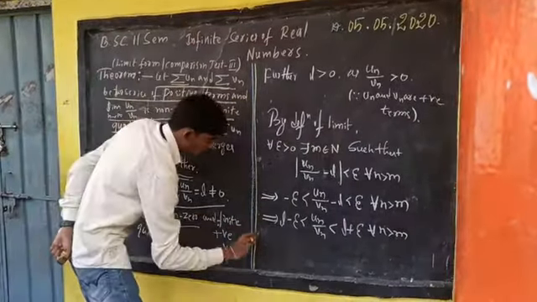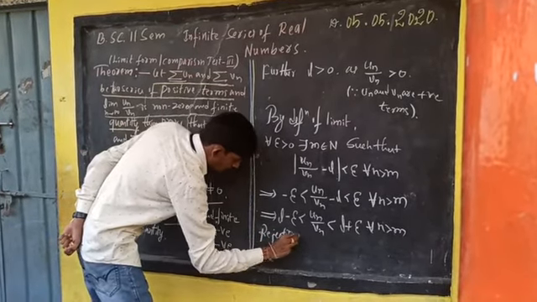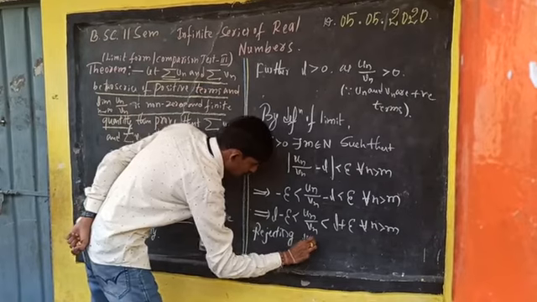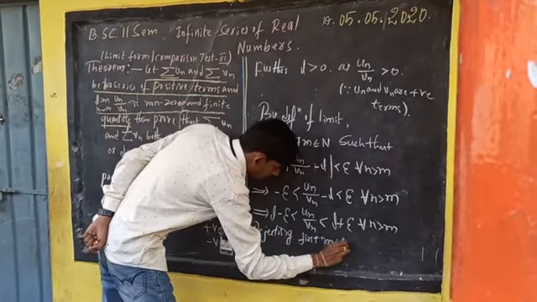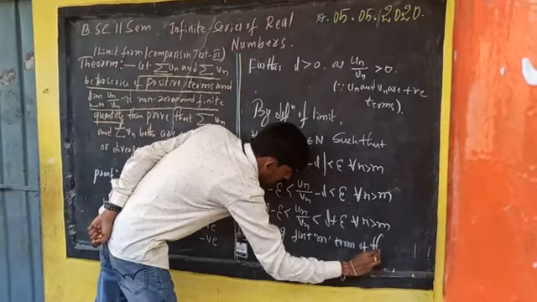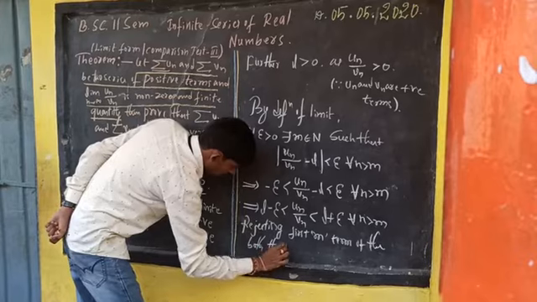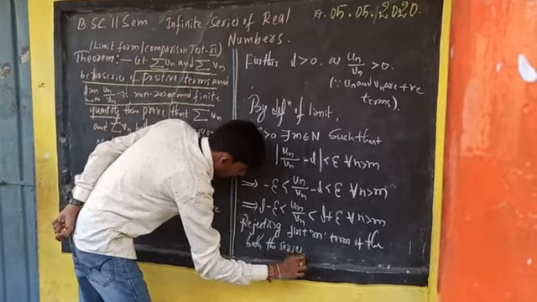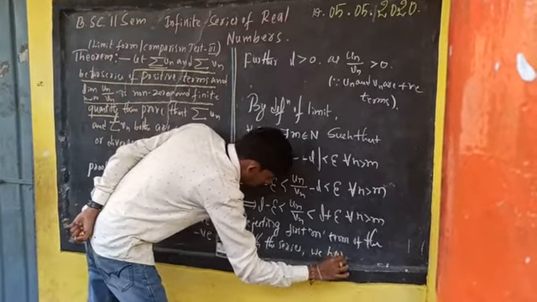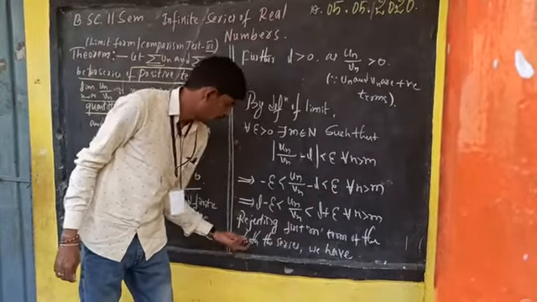The next step we have here: rejecting the first m terms of both the series.